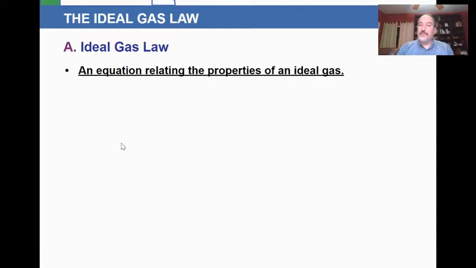And remember, an ideal gas is a model that we use to understand the gas laws, where all gases behave exactly the same. They behave like this ideal hypothetical gas, at least under most normal conditions. And we'll talk later about when it doesn't behave like that.